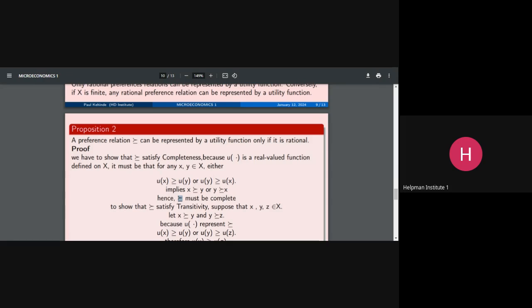Now, to show the other part, remember a rational preference has two properties, completeness and what? And transitivity.